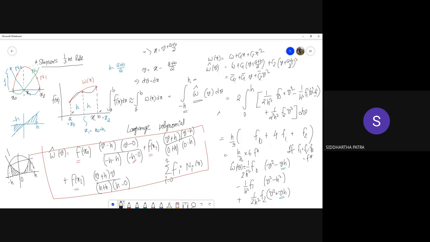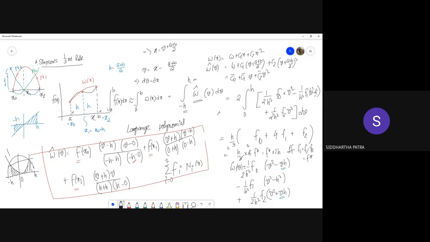So basically what we have is f star times twice h, being the distance from a to b. So that way it will be consistent. It has to be h/3.